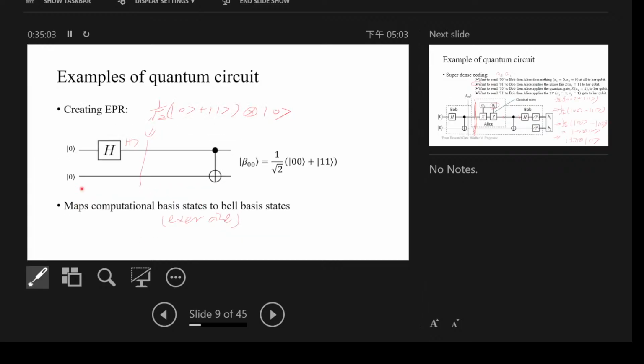So what we mean is that other than |00>, say you have |11>, then you will get beta 11, etc. If you have A and B as input, then the output will be beta AB. Let's write this in a better form: it maps |AB> to beta AB. Okay, so this is a very nice circuit to remember. It will change from the computational basis to the Bell basis.